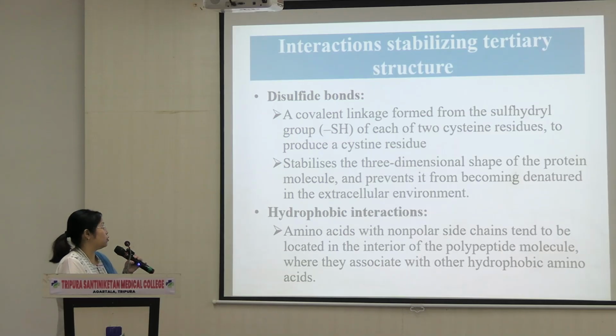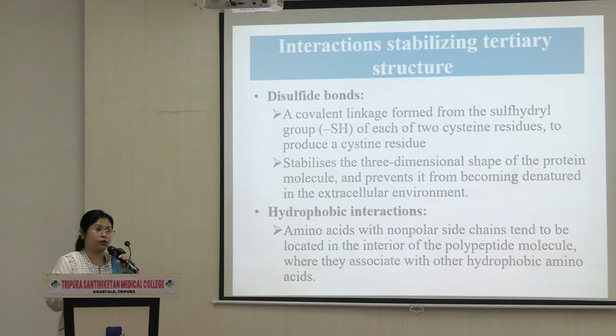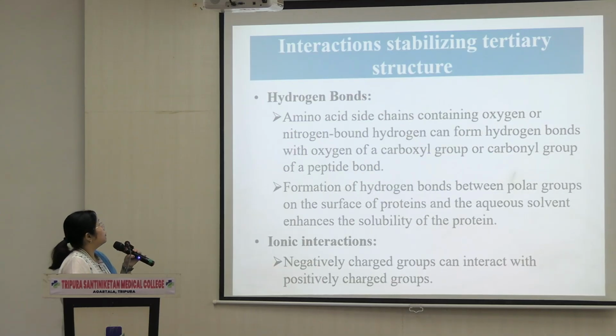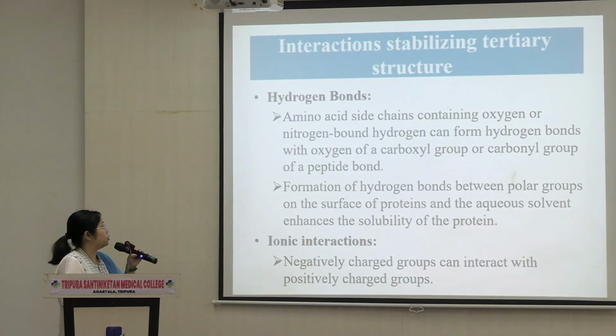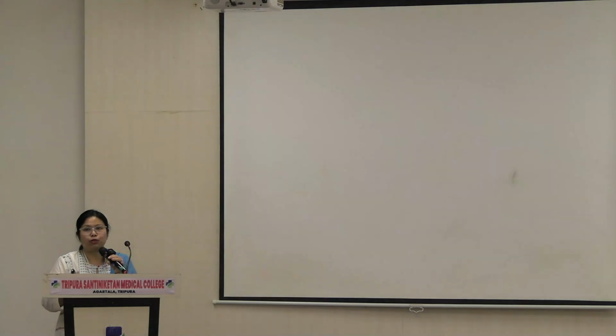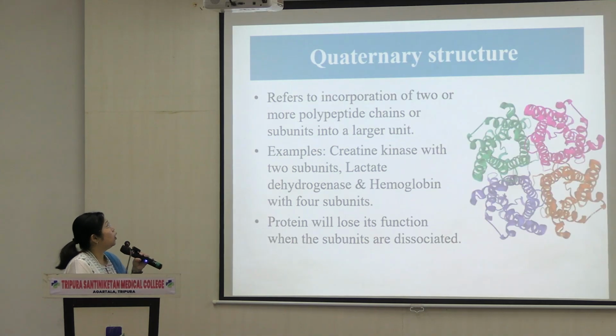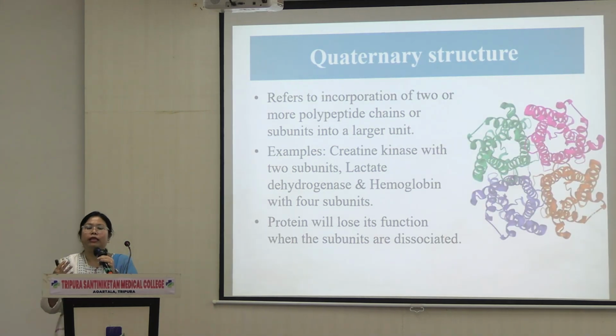That is why this is known as hydrophobic interactions. They are not on the surface, they are usually below the surface. Then we have hydrogen bonds, you already know that. Then also there is presence of ionic interactions, which means that there is interaction between the positive and the negative groups that are present in each amino acid. Okay, all of these bonds help in making a tertiary structure.